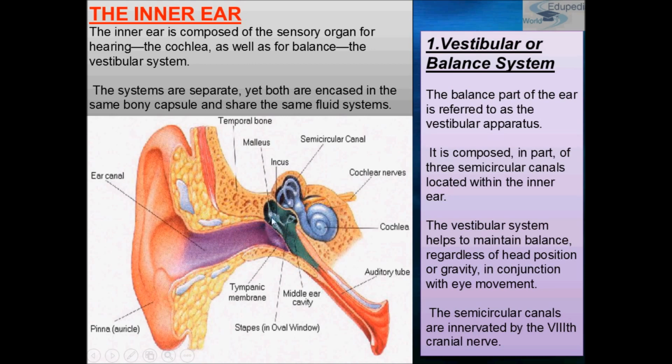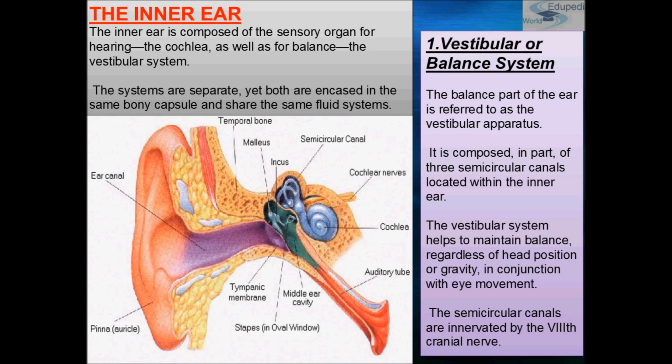See, this is the malleus, this is the incus, and this is the stapes. This is the stapes which is attached with the oval window. So the vestibular system helps to maintain balance regardless of head position or gravity, in conjunction with the eye movement.